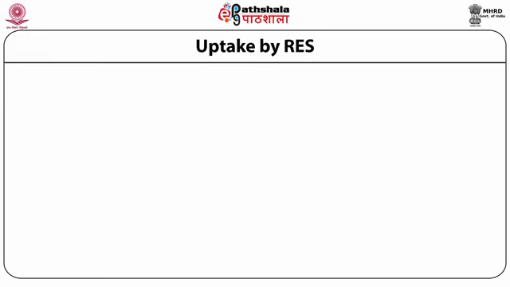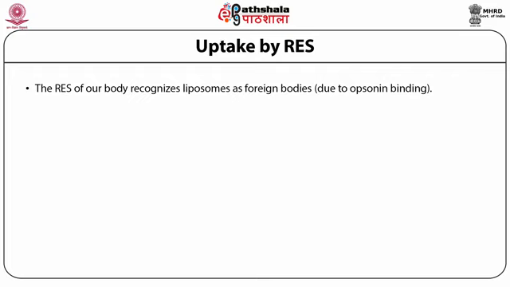Uptake of liposomes by RES is another problem in liposomal formulation. Though the composition of lipids is similar to the composition of the cellular membrane, the reticuloendothelial system of our body recognizes liposomes as foreign bodies. This RES uptake of liposomes is due to binding of opsonin protein, which is present in blood and is recognized by the cells of RES.